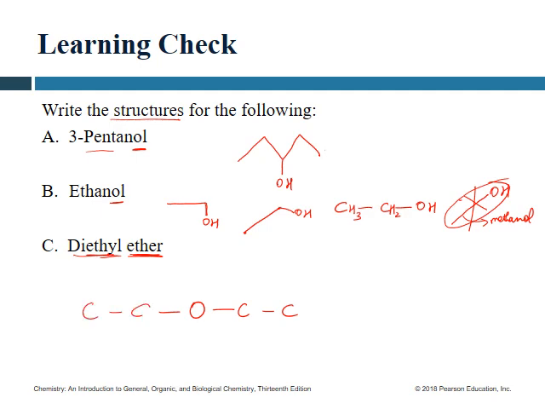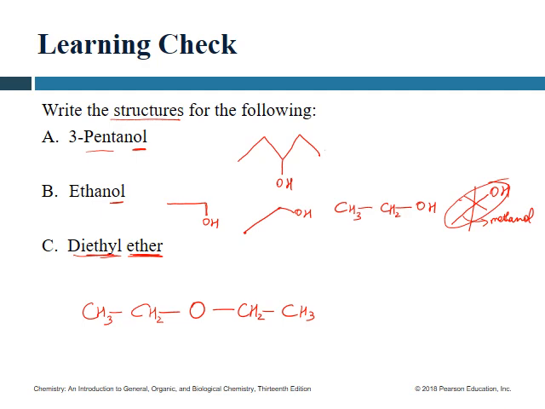Fill up the rest of the bonds with hydrogen. This carbon has 2 bonds, needs 2 more hydrogens. This carbon has 1 bond, it needs 3 more hydrogens. This carbon already has 2 bonds, it needs 2 more hydrogens. This carbon has 1 bond, so it needs 3 more hydrogens.